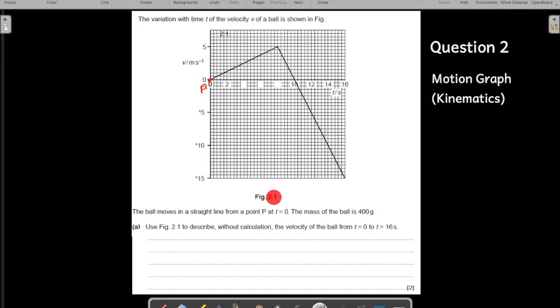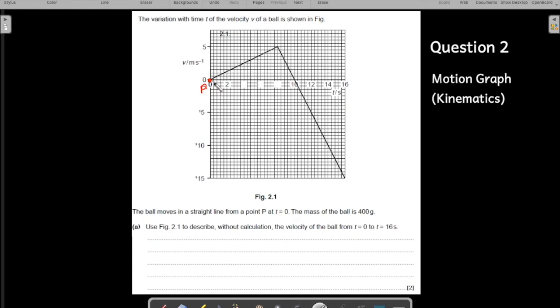Use this figure to describe, without calculation, the velocity of the ball from time t equal to 0 to time t equal to 16. Right, so you have to describe, without doing any calculation, the velocity of the ball between this time period.